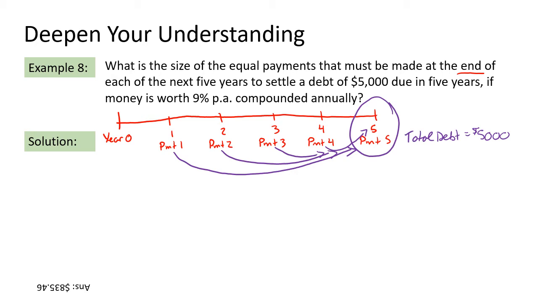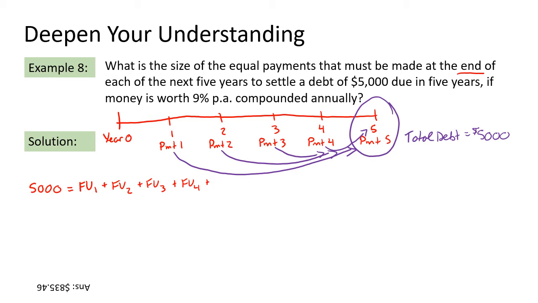So what that means is when we write our formula, right, if we're looking at it, so our total amount we have to pay, $5,000, has to be equal to our 5 payments, right? And remember, since we're going into the future, these are all future value calculations. So we have the future value for payment number 1, plus the future value for payment number 2, plus the future value for payment number 3 and payment number 4, plus you can call it the future value of payment number 5, but it's at the same time as the $5,000.